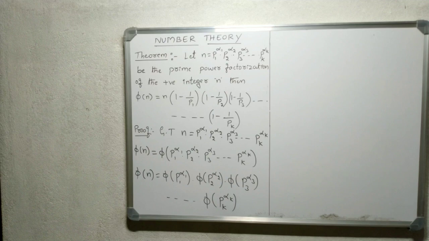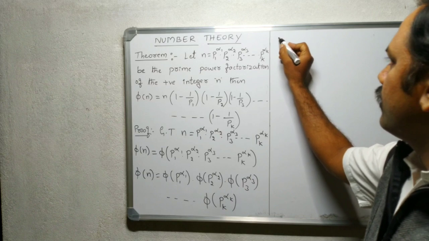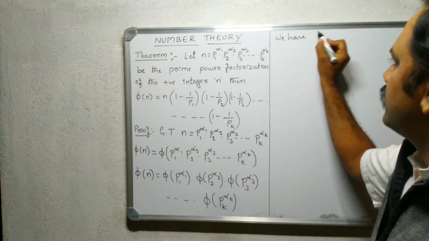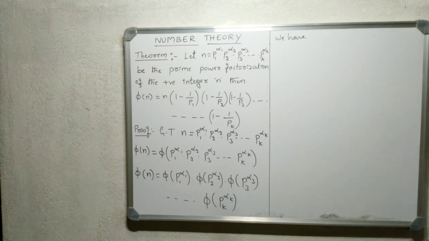In the second, I think third result, we have that phi of p power n can be written as p power n minus p power n minus 1.